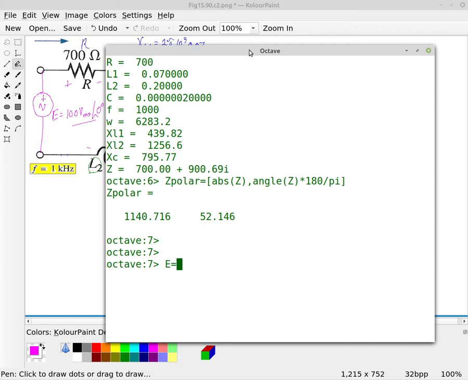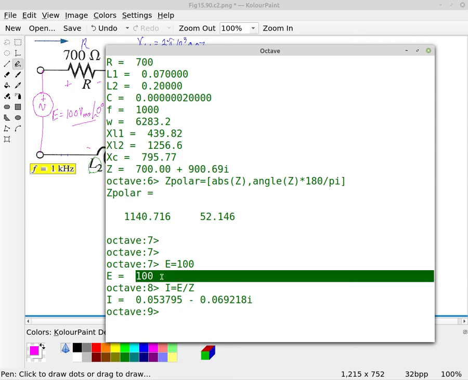So I'm going to say E is equal to 100. And now I can say I then is equal to E divided by, now I already have Z. You need to make sure you use a rectangular form here because that's the natural form for Octave. So E divided by Z. Now E had an angle of 0 degrees, so I don't have to worry about any phase angle there.